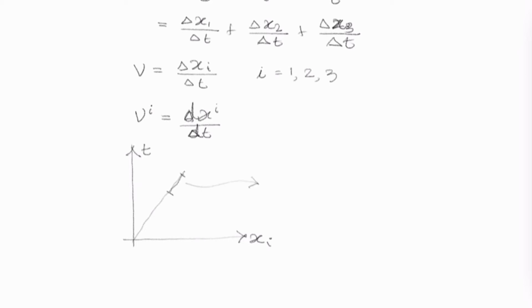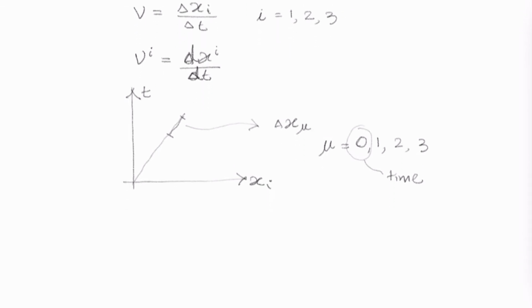The trajectory of this object or particle can be expressed as x mu, where mu runs over 1, 2, 3 and 0. 0 is the time component. Instead of using ordinary time, if we use proper time to derive the definition of velocity, it would be more general to all four coordinates. So we can define the four-dimensional notion of velocity as u of mu equals dx mu over d tau.